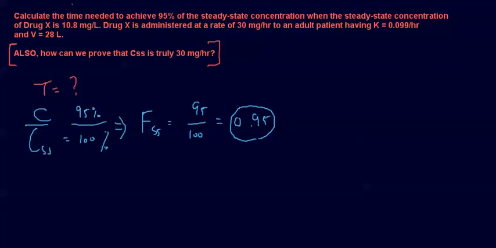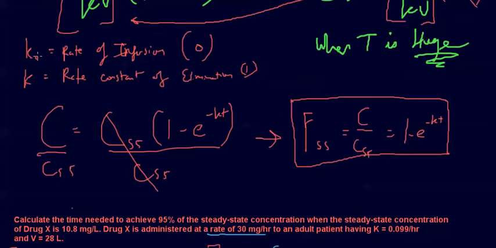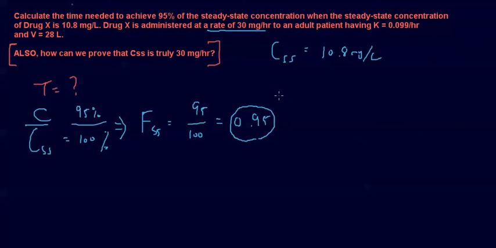So we're actually given the steady state. Drug X is administered at a rate of, so we know that IV infusion rate is right here, K0, rate of infusion for zero order.